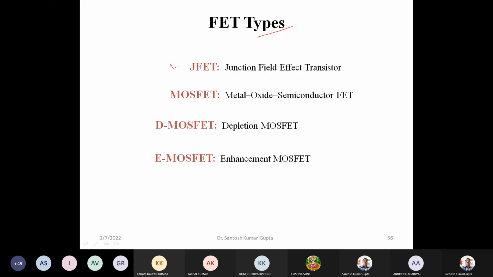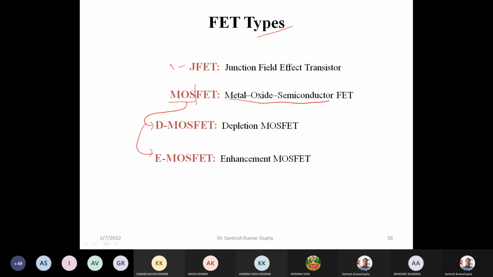First is the junction field effect transistor, another is the MOSFET, metal oxide semiconductor FET. Again, these MOSFETs are generally of two types.